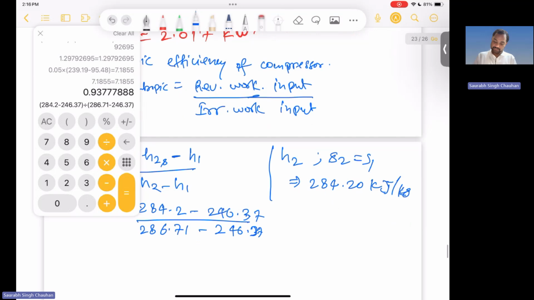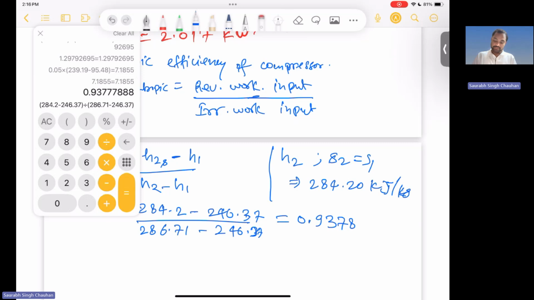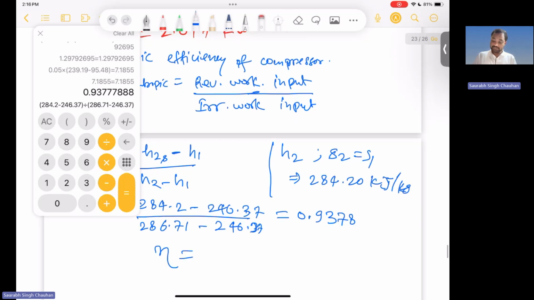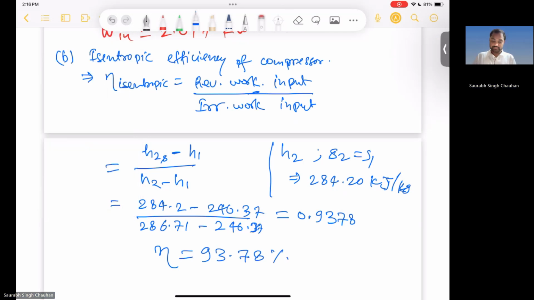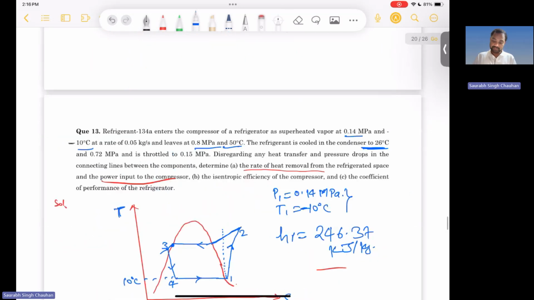So we are getting approximately 0.9378. So the isentropic efficiency is around 93.78%.